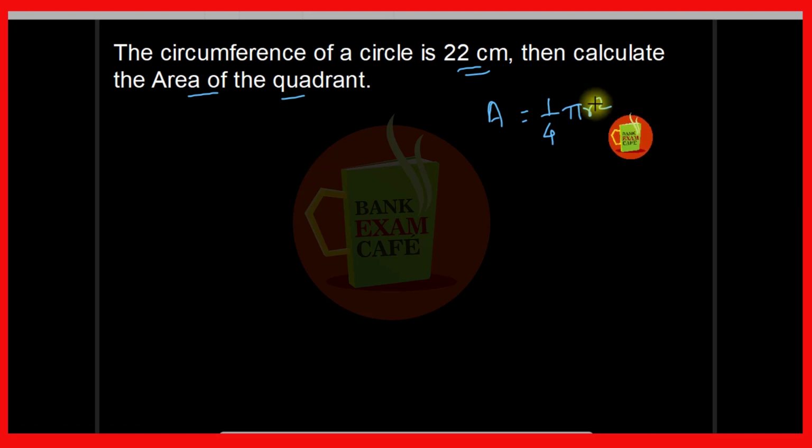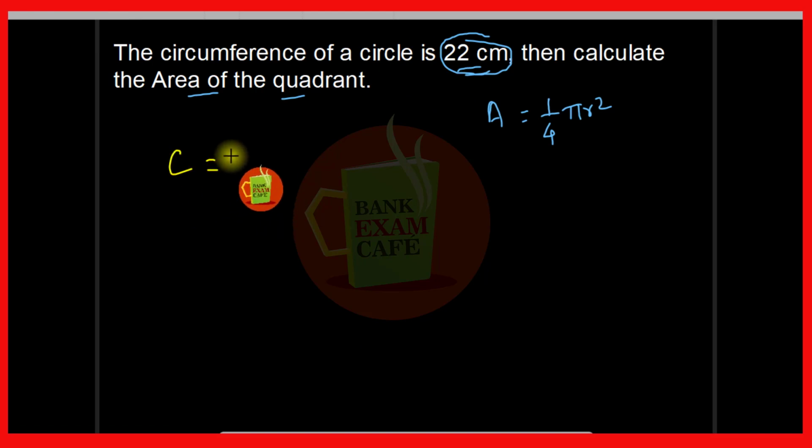So we will require r, and that radius is not given. Since the radius is not given, we will have to find the radius. To find the radius, we have been supplied with the additional information that the circumference is equal to 22 centimeters. So with the help of this, we can find the radius.